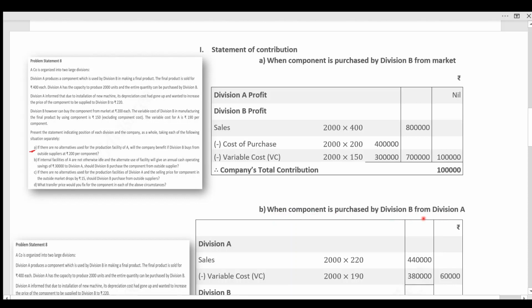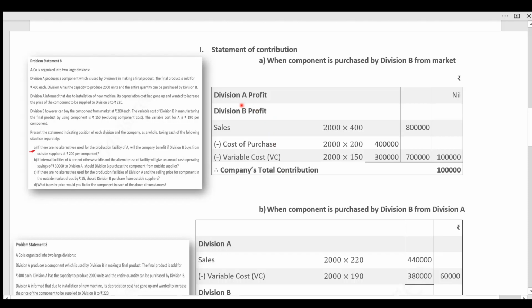To answer this, we need to know the difference in profit if division B is buying the components from the market and if division B is buying the component from division A itself. So let's prepare the profit statement.